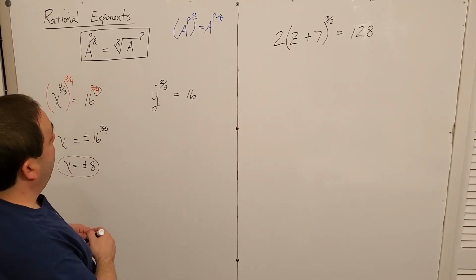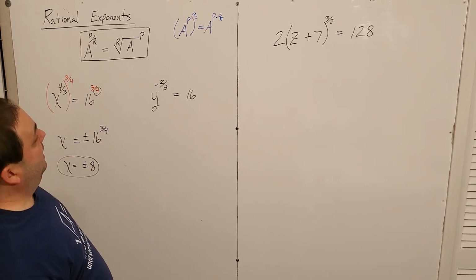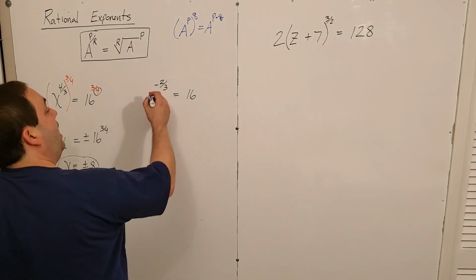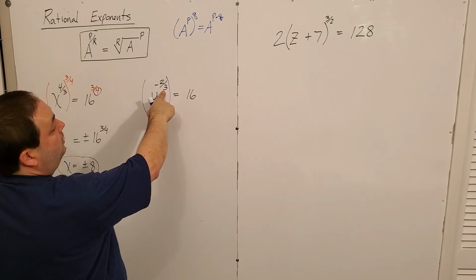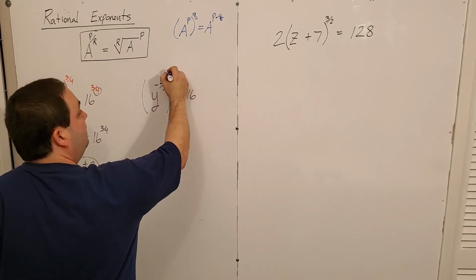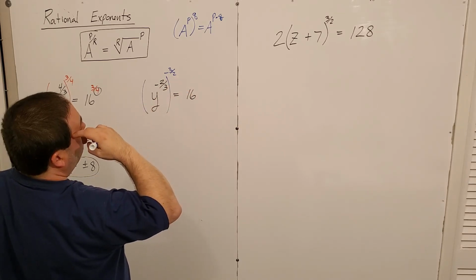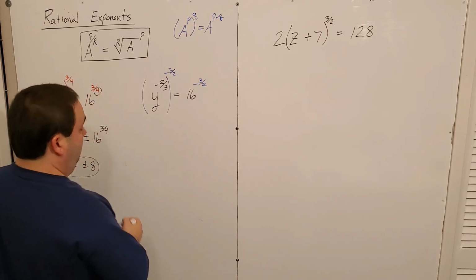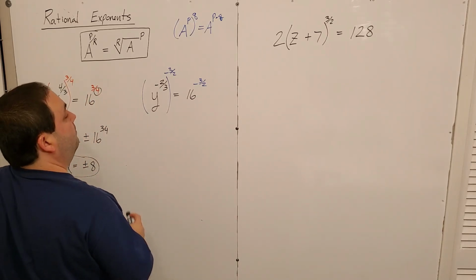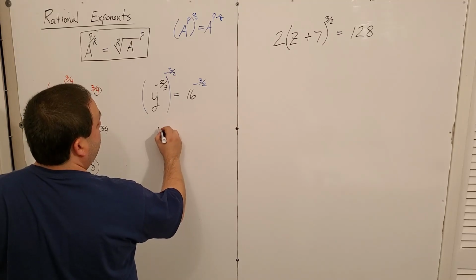Can I do the same thing with a negative exponent? Absolutely. Again, I would raise both sides to a power that when multiplied by the current exponent would give me 1. That would be negative 3 over 2, right? Those are reciprocals. So over here, same thing, the negative 3 over 2 power. Okay? So I just need to remember some of my rules of exponents here.